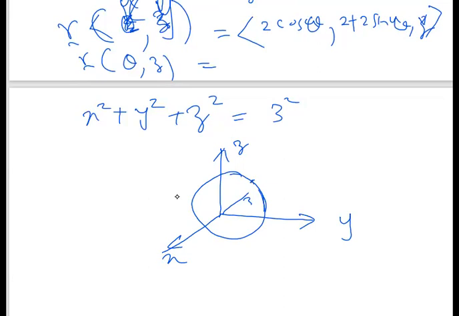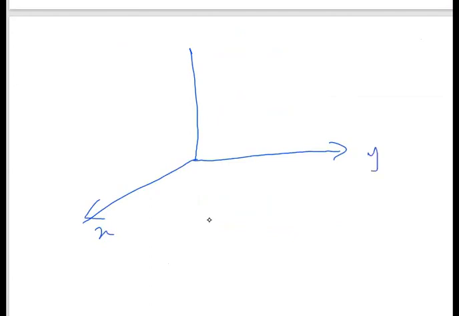So what are the rectangular x, y, and z? I think I better draw a good picture, because we haven't done spherical coordinates. My drawing is terrible. Let me try to make this clear.